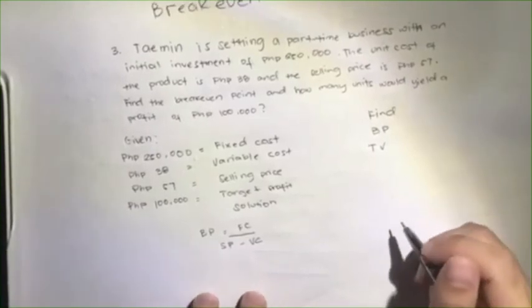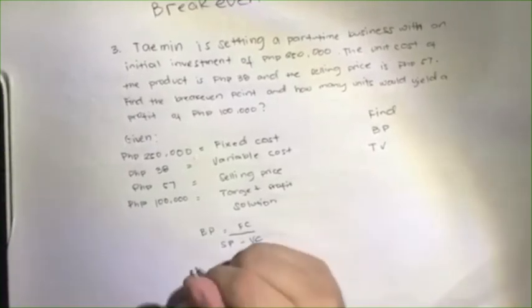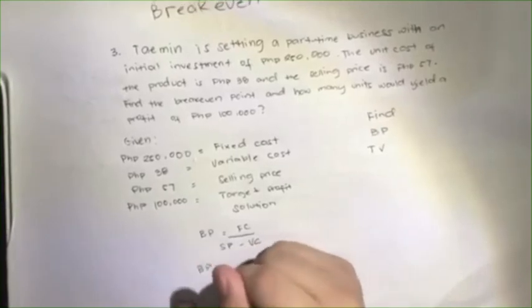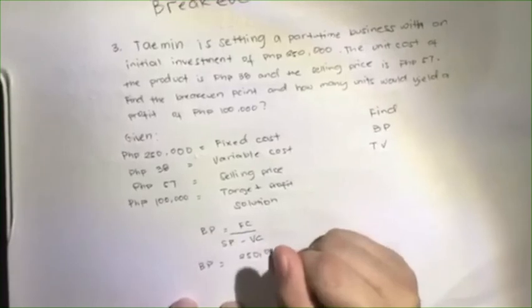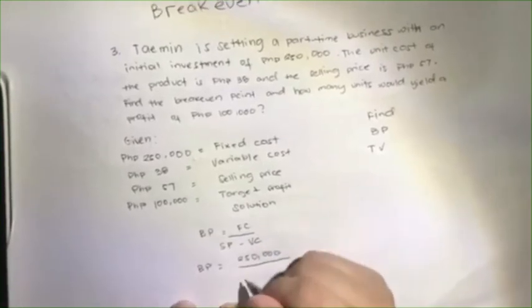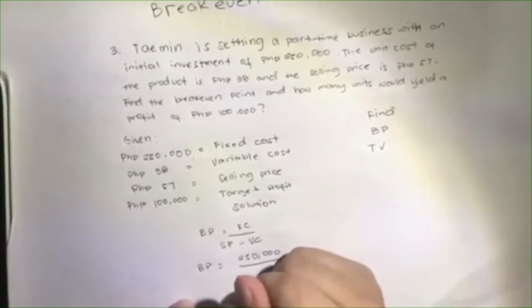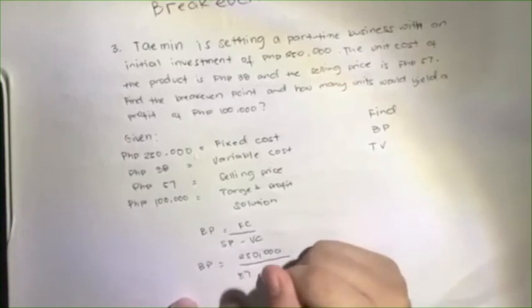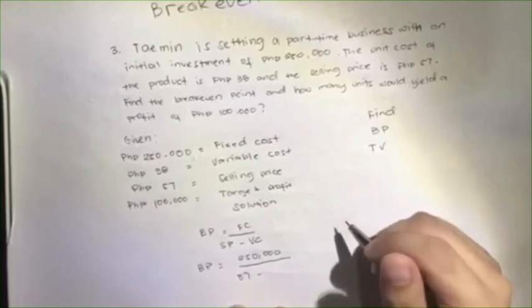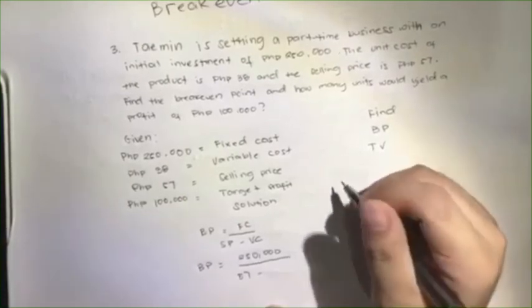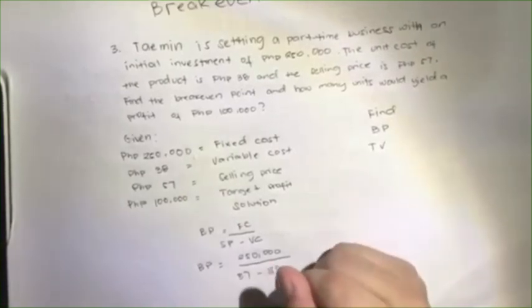So we will just substitute to find the break even. Fixed cost is 250,000 over 57 minus our variable cost, 38.